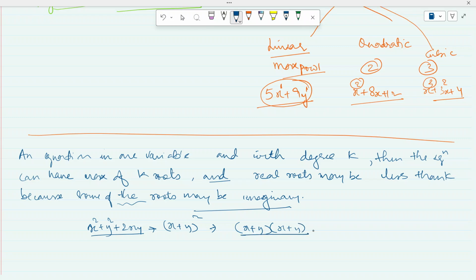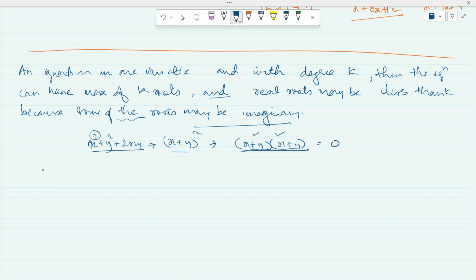So when we equate this to 0 to find the number of roots, since there are two brackets, we will have two values for x. Here the degree of the equation is 2, so the maximum roots here are 2 only, because it can be factored in exactly two terms, or maybe less than two terms, but exactly two terms.